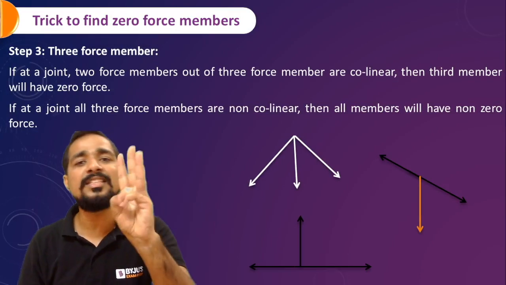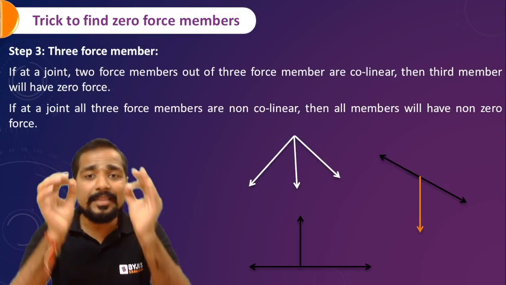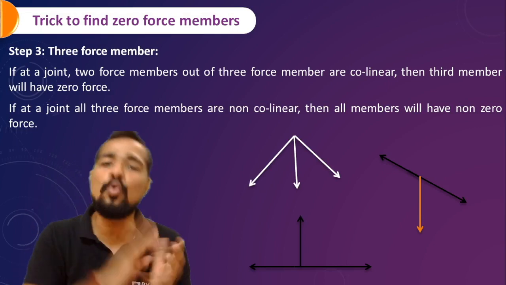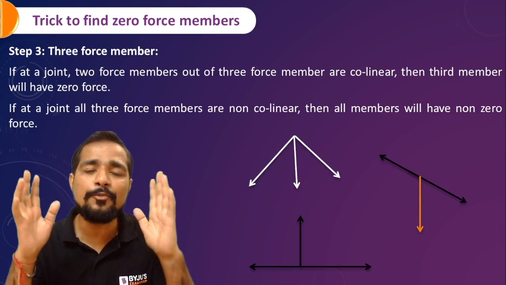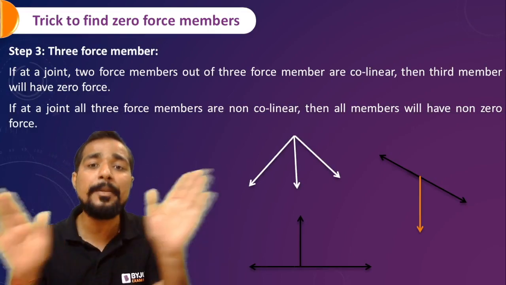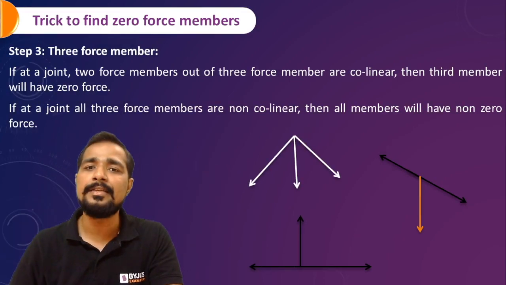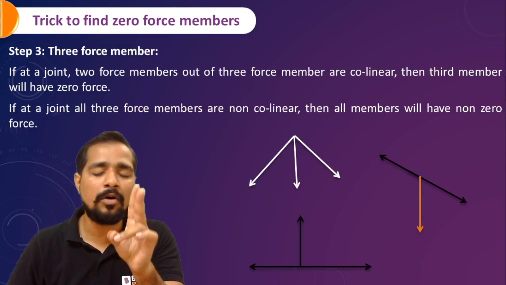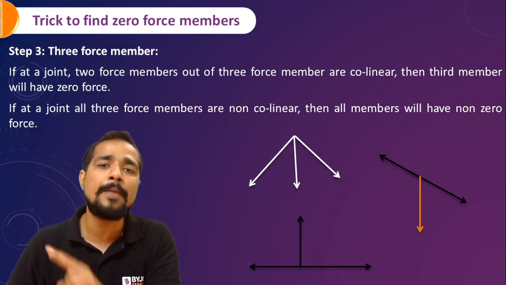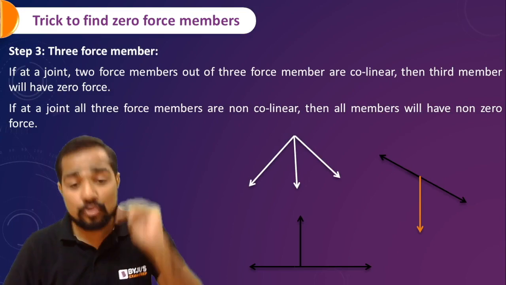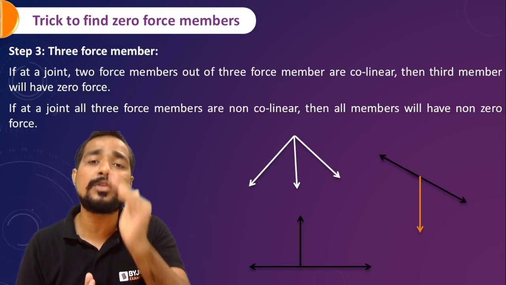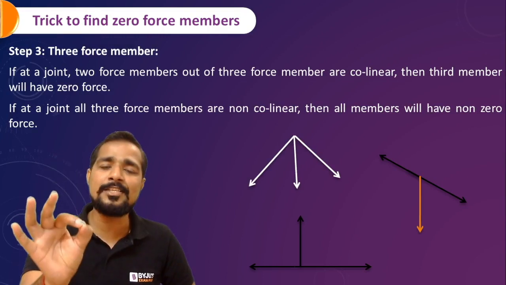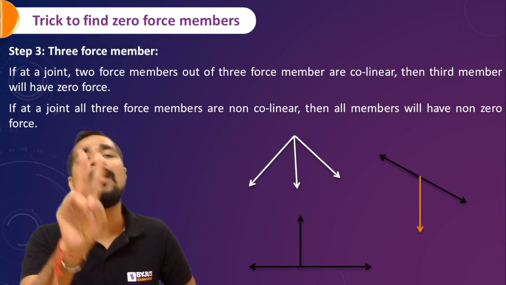After 2, 3 force members may be there. But with 3 force members, there may be 2 conditions. One, all the 3 force members on that joint may be non-collinear, or second, out of these 3 force members, 2 may be collinear. So after 2 force members, you will go for the 3 force member joint at which at least 2 are collinear.